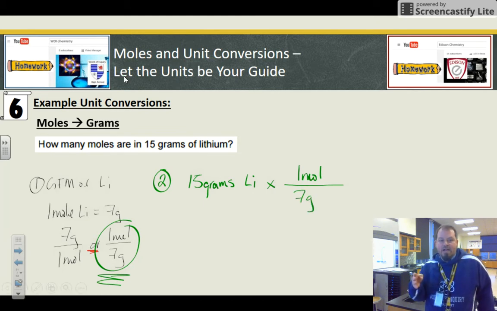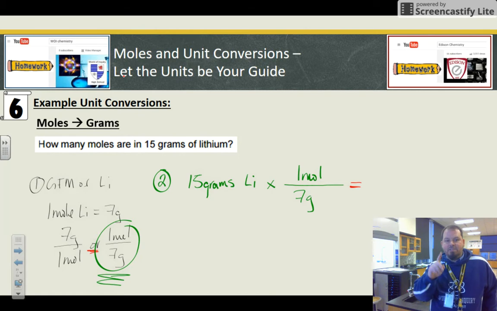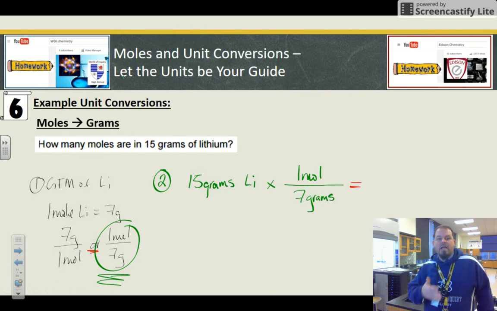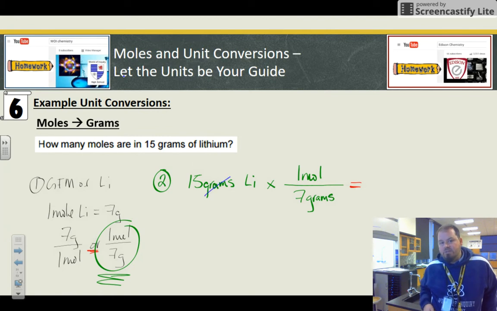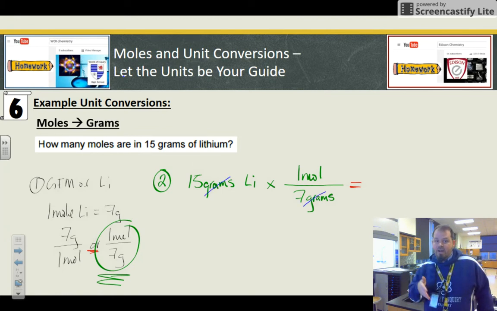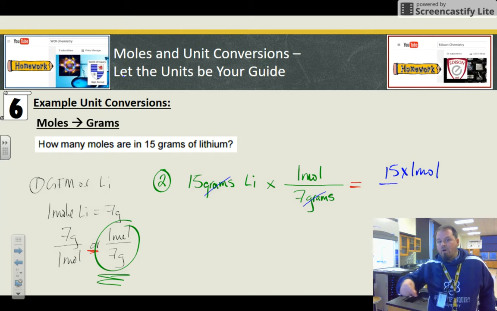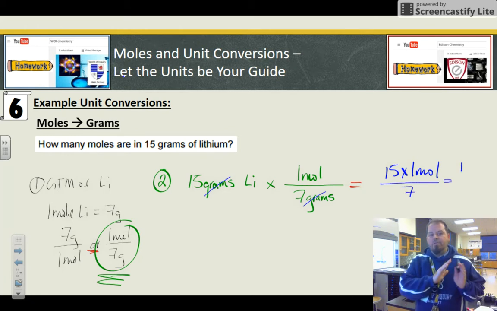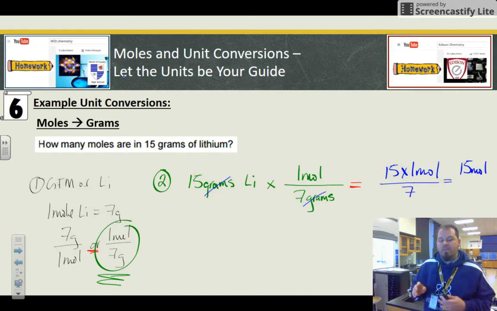Now when you multiply fractions, you do numerator times numerator and denominator times denominator, and the denominator in 15 grams of lithium is really 1. Your units, the long way, are grams times moles over grams, and then grams cancels out. So the longhand goes to the shortcut: the numerator of one term and the denominator of the other term will cancel out.